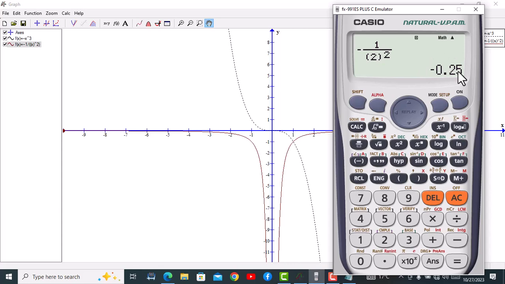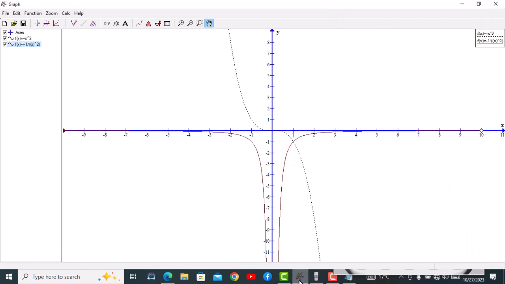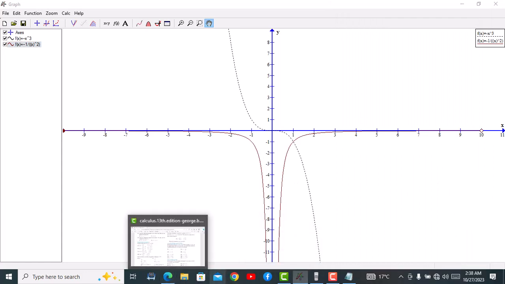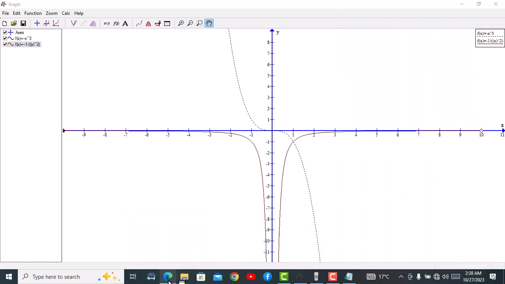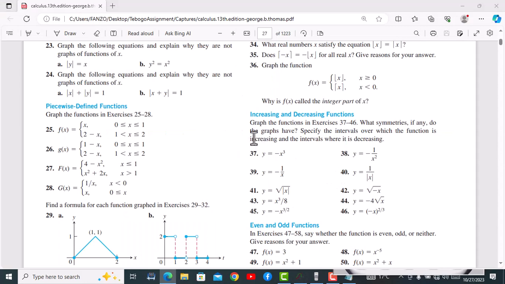So f at x2 is bigger than f at x1, therefore the function is increasing on that interval. Very important that we notice that. So we can just use the interval, for example, -2, -1, 1, and 2. It will show that the function is increasing on that interval. So that is very much fine.